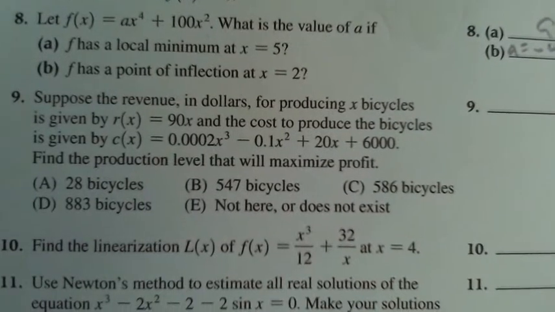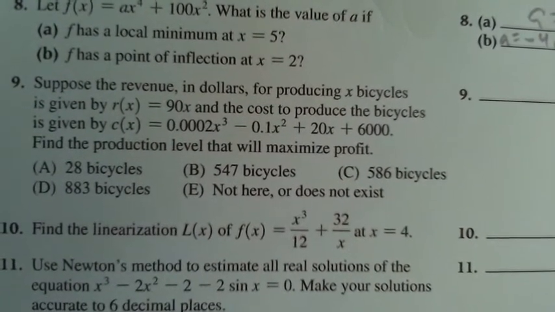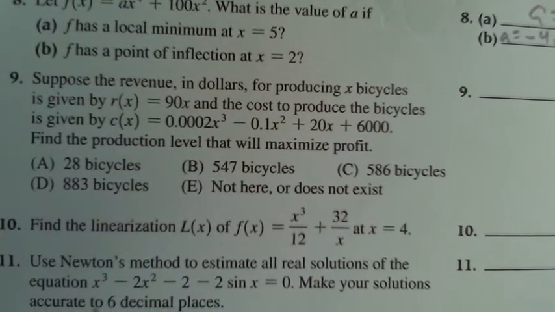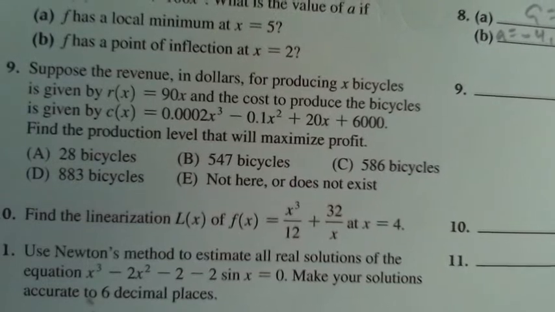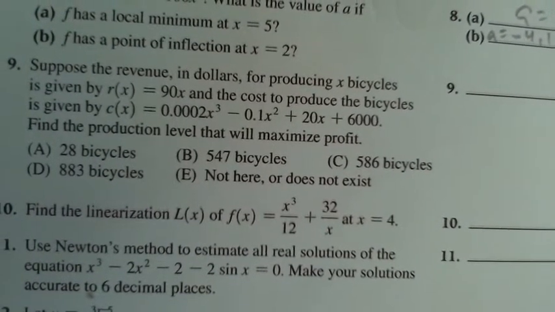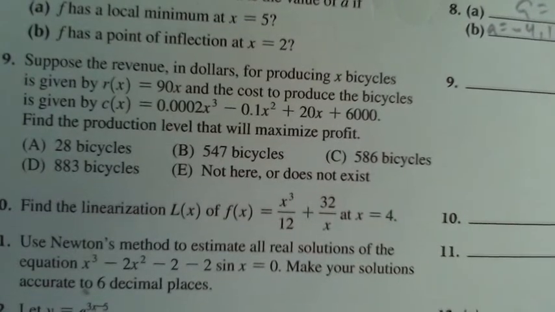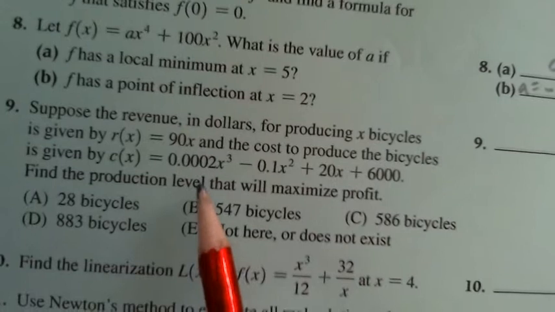And cost will be 0.0006x squared minus 0.2x plus 20.